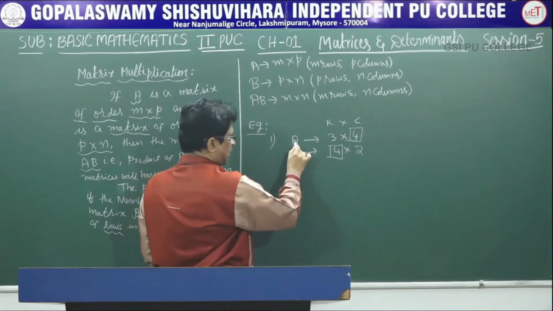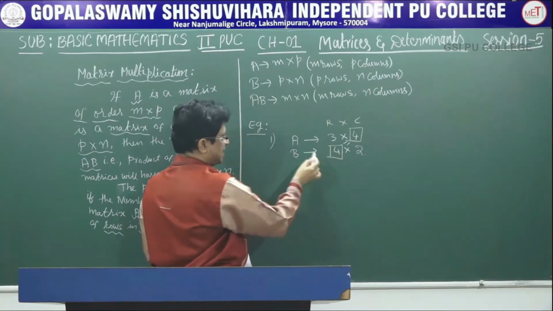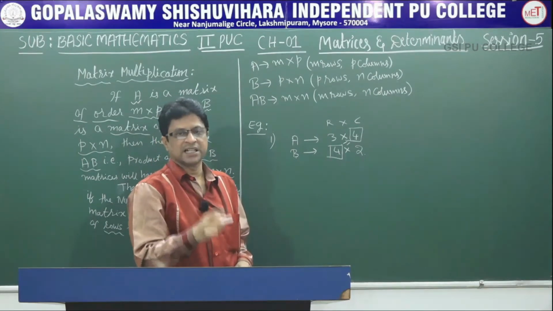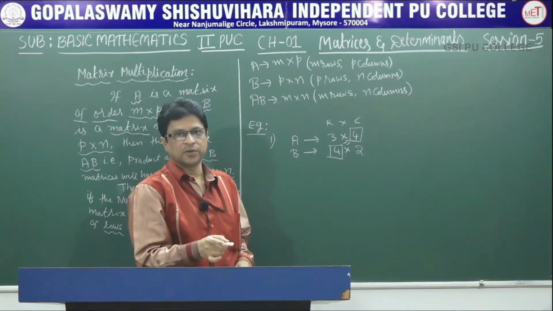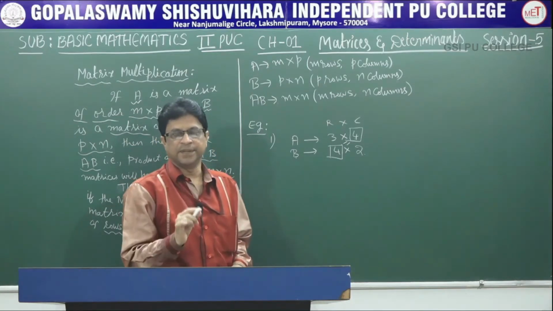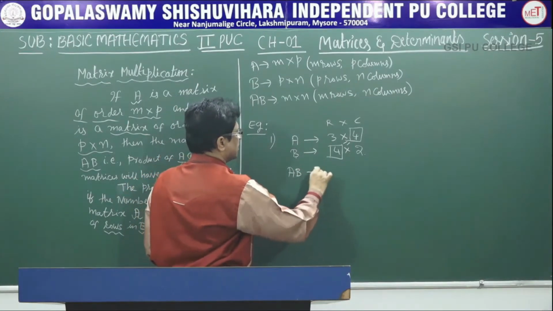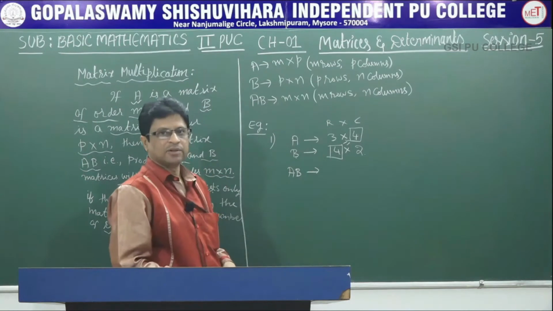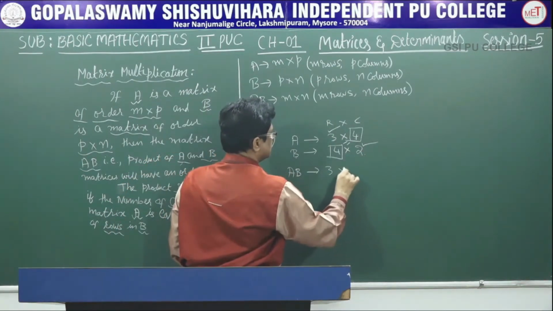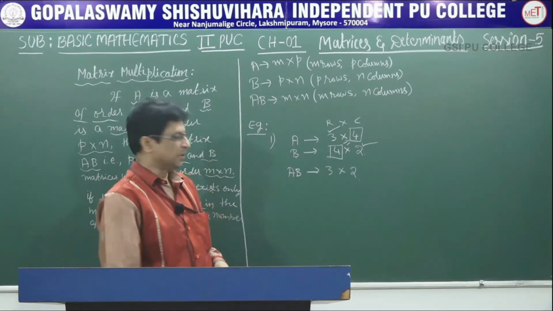That is, the number of columns in the first matrix is equal to the number of rows in the second matrix. Definitely, the product AB exists. So, the product AB matrix will have the order 3 into 2.